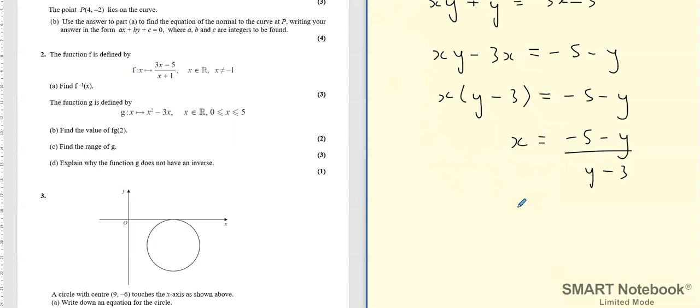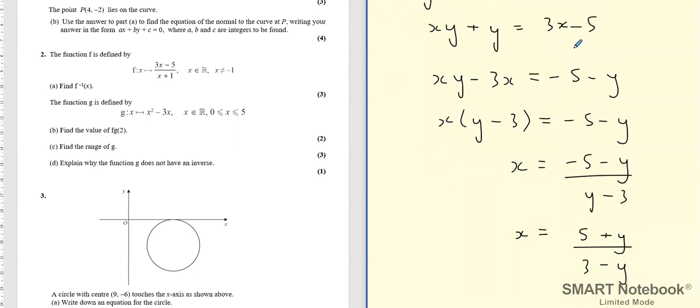Or alternatively, if you made x the subject, you also could have had 5 plus y over 3 minus y as well. If I took the x's over to the right hand side and y's over to the left hand side, I would have got that.